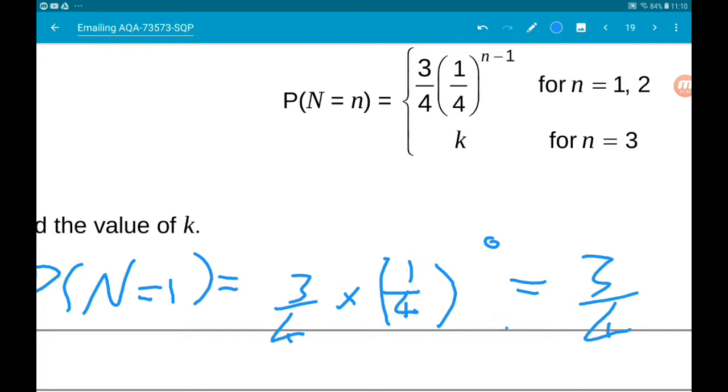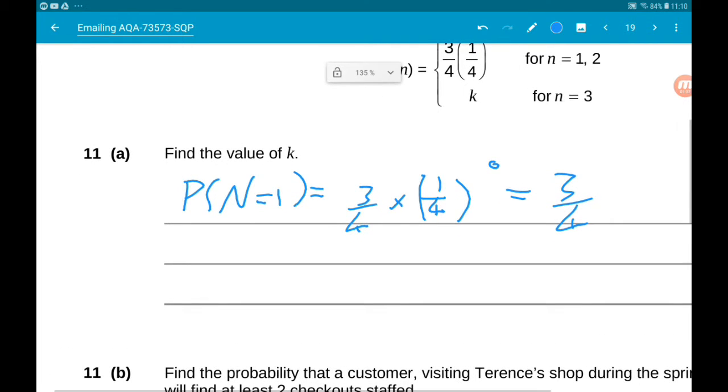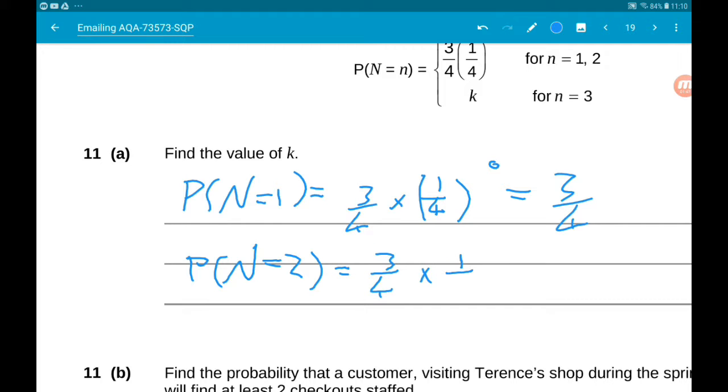So, 3/4. The probability that N is equal to 2 is 3/4 times 1/4, which is 3/16.